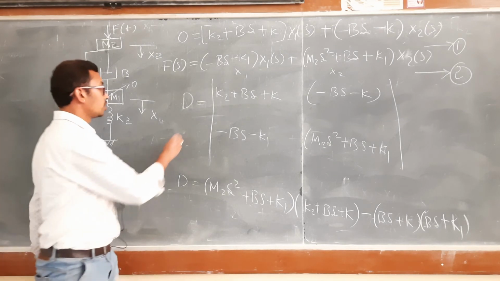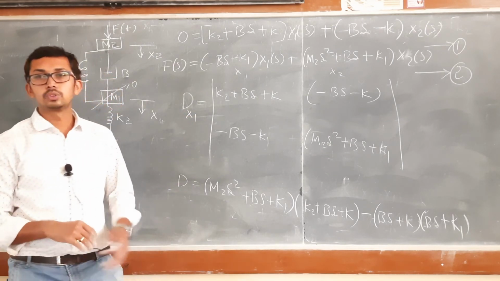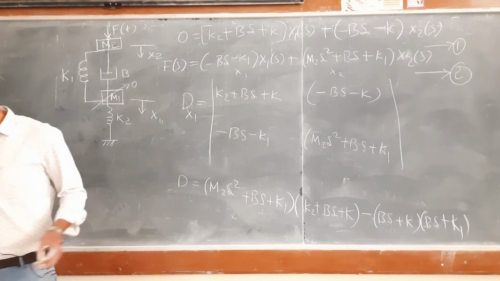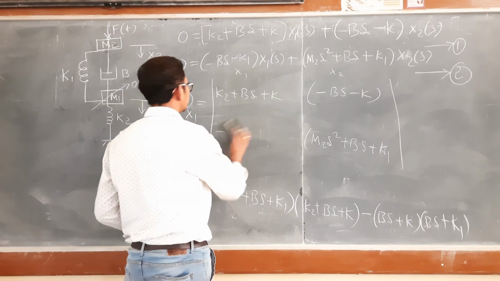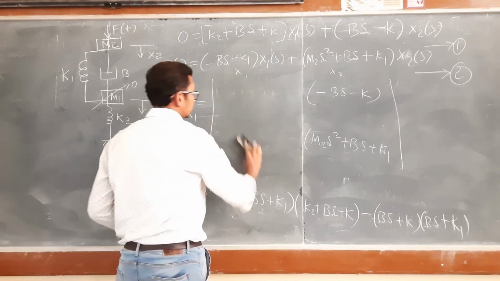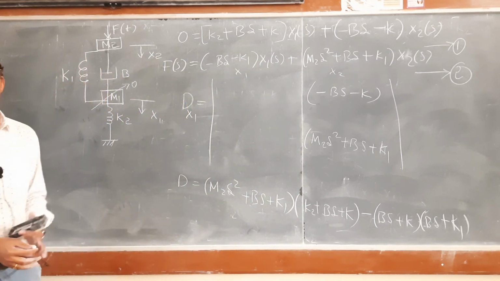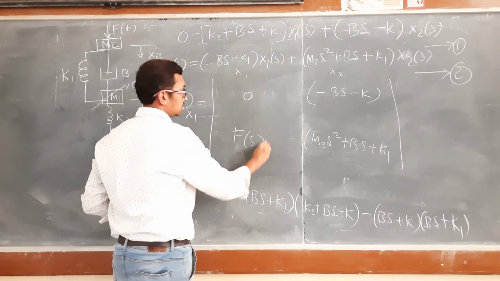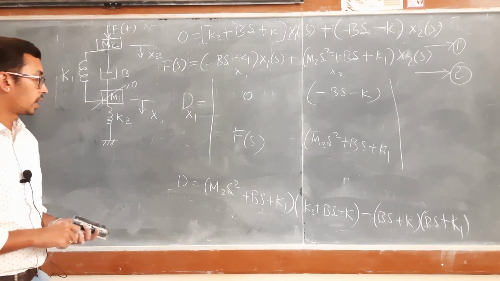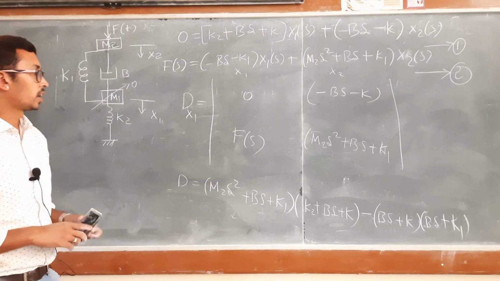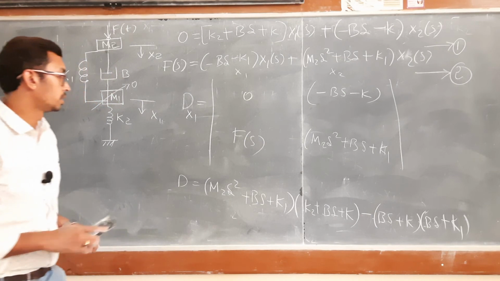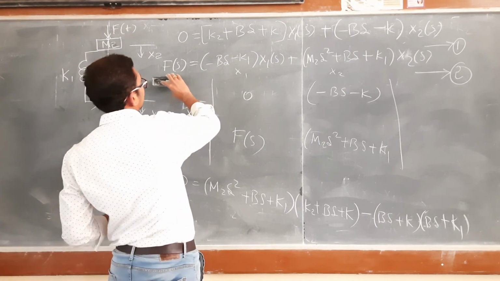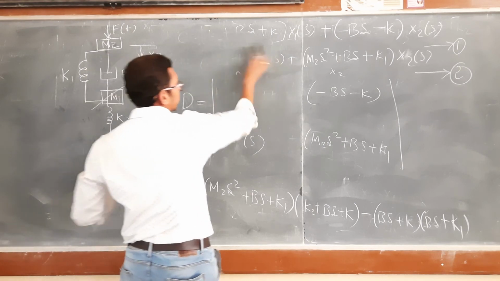If I need to find out dx1, then what I need to do? I am going to replace this first column with this one, 0 and F of s. Okay, 0 and F of s. So then what happens? Just I am going to erase this, now this is not required.